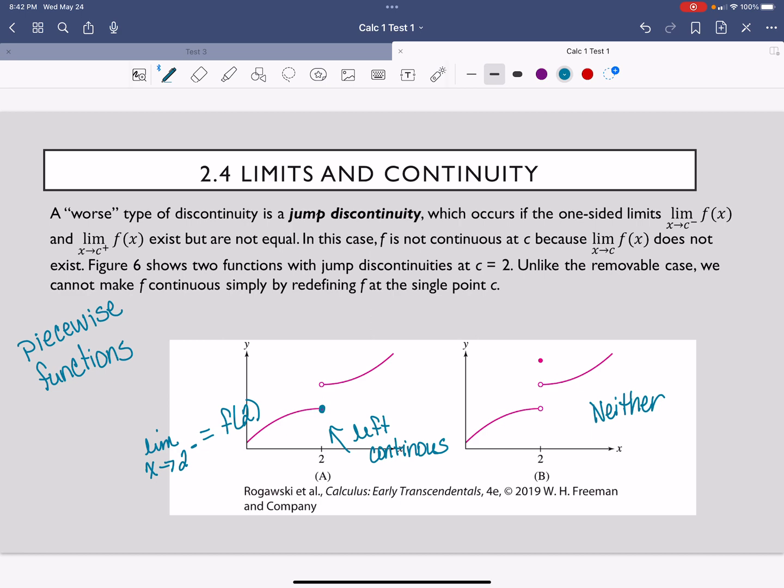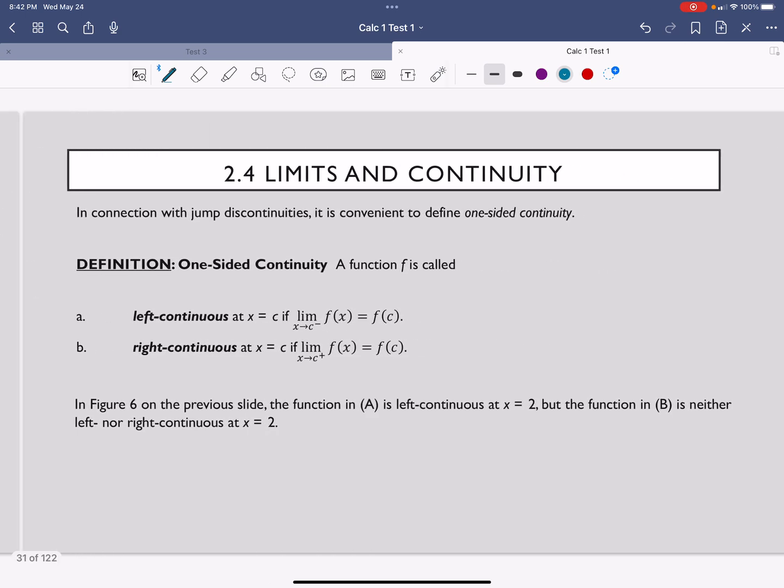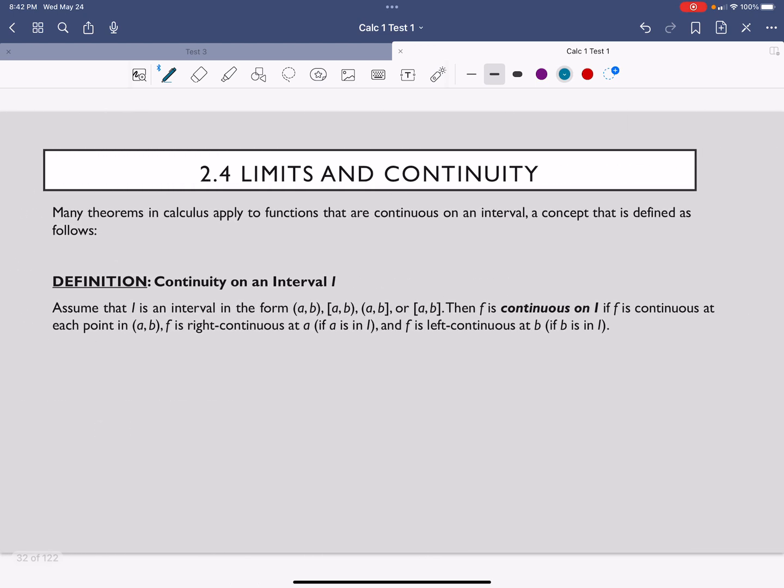Okay, now let's remind ourselves a little bit about when we use our parentheses and when we use our brackets. When I use a parenthesis, that means the number is not included in that interval.